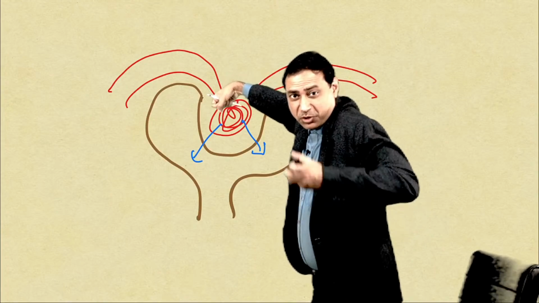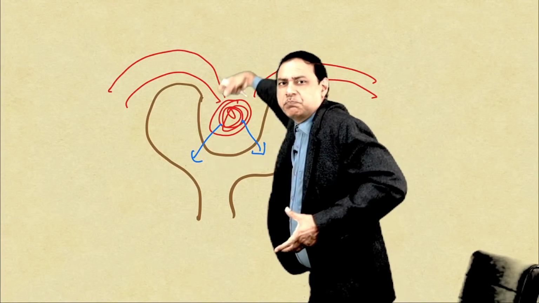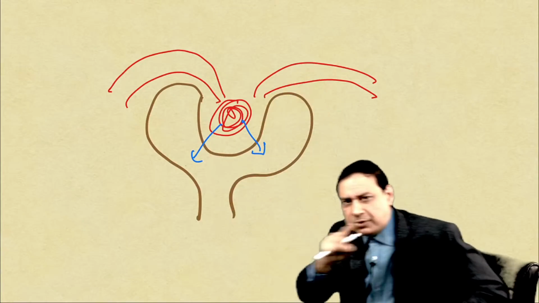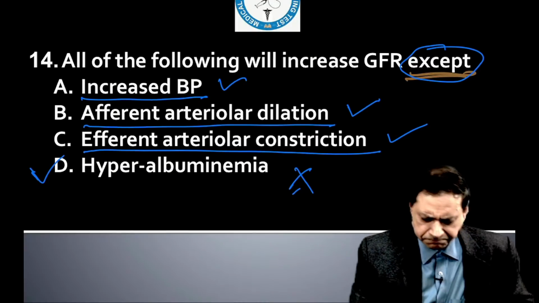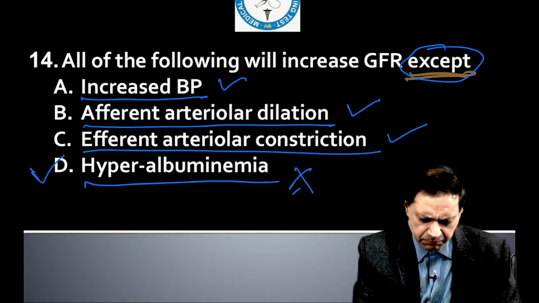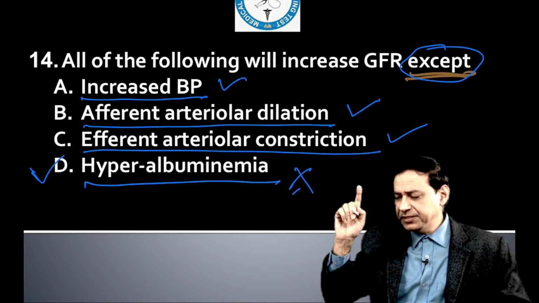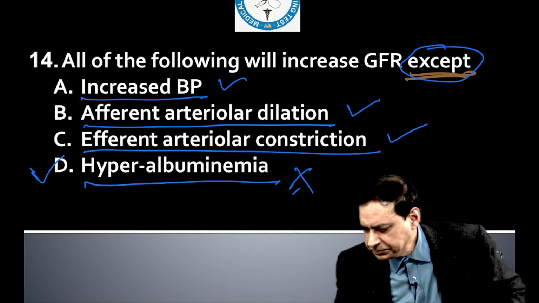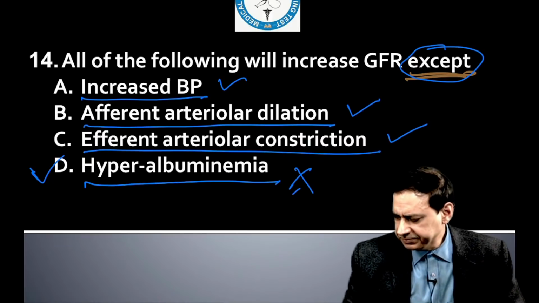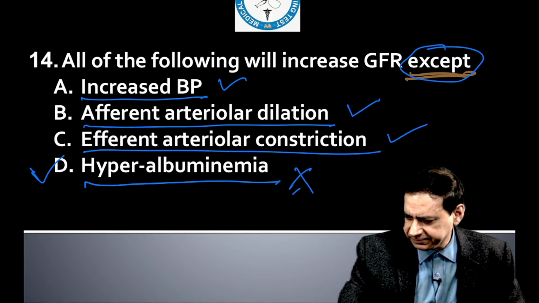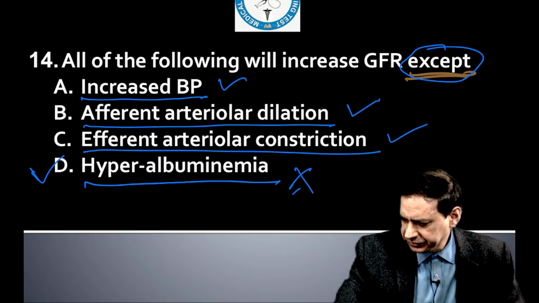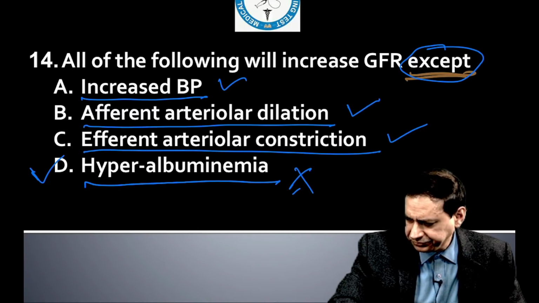Protein will pull, so GFR will fall. Hyperalbuminemia, GFR will be reduced. Is it clear? Yeah, you are right. All of you are correct here. Is okay?